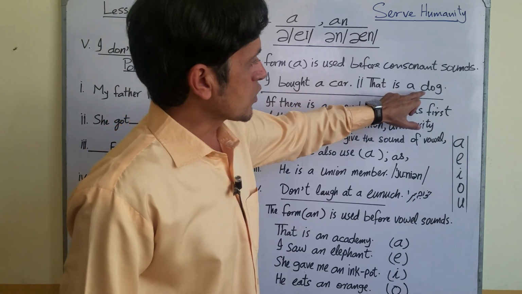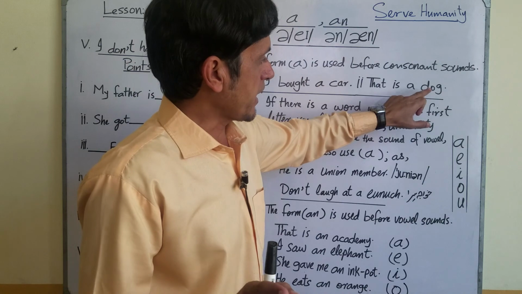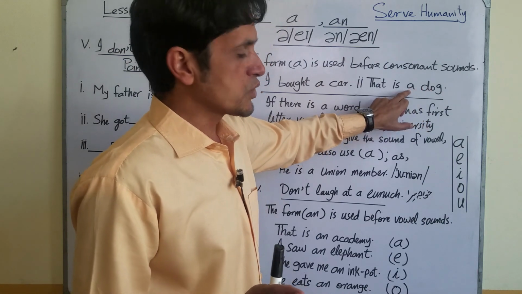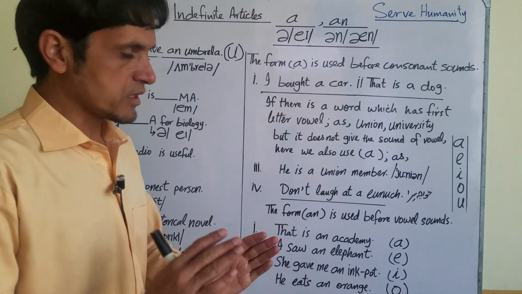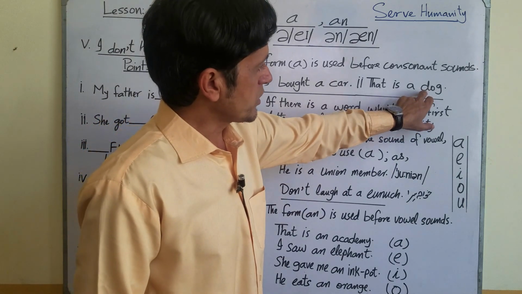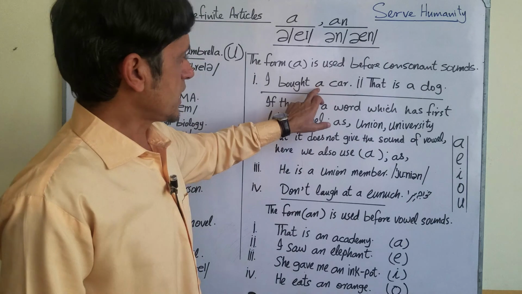That is a dog. D is a consonant here, and it is the first letter of this word, so we will use a here. So when we find consonant letters, we will use a.